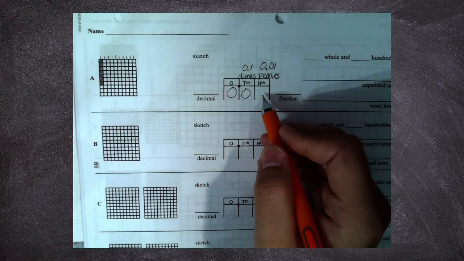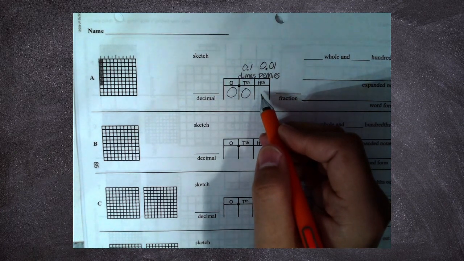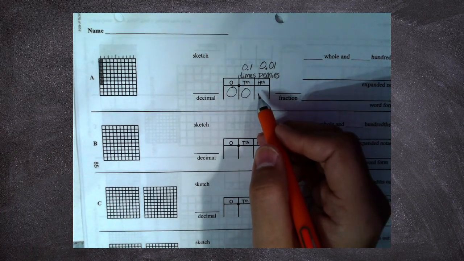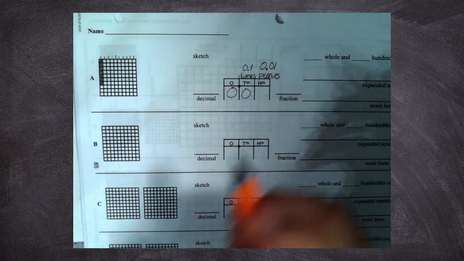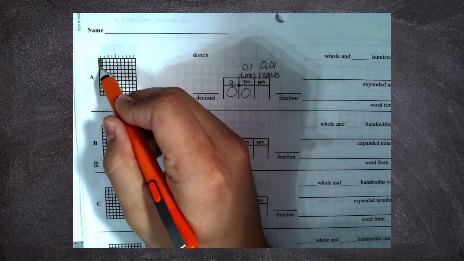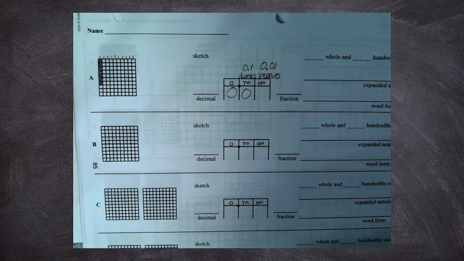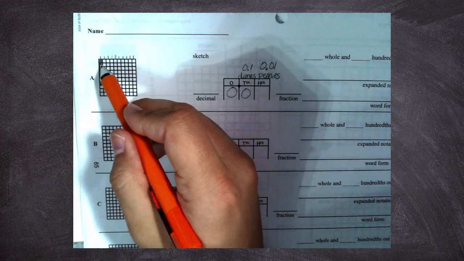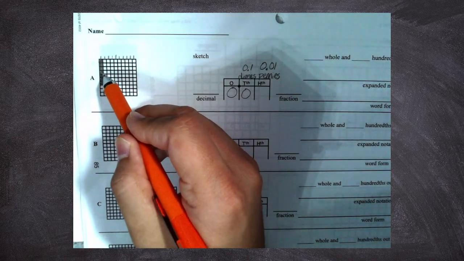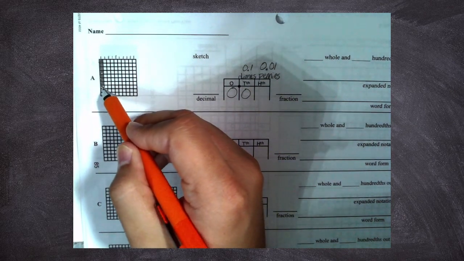The hundredths. The hundredths are my little itty bitty squares, and I did shade some of those in. If I count the little itty bitty squares, I'll have 7, or I should have 7. I can double check. 1, 2, 3, 4, 5, 6, 7.